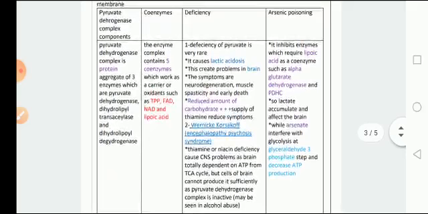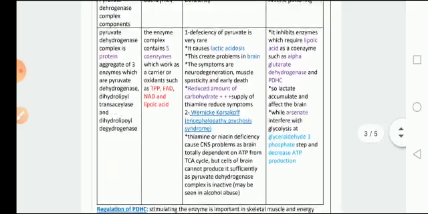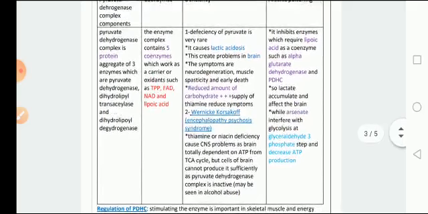What if I have a deficiency in that enzyme? Actually, a deficiency in that enzyme is very rare. But when it occurs, it causes something known as lactic acidosis. Why does lactic acidosis take place? I have a deficiency in the pyruvate dehydrogenase complex, so pyruvate would not be converted into acetyl-CoA.